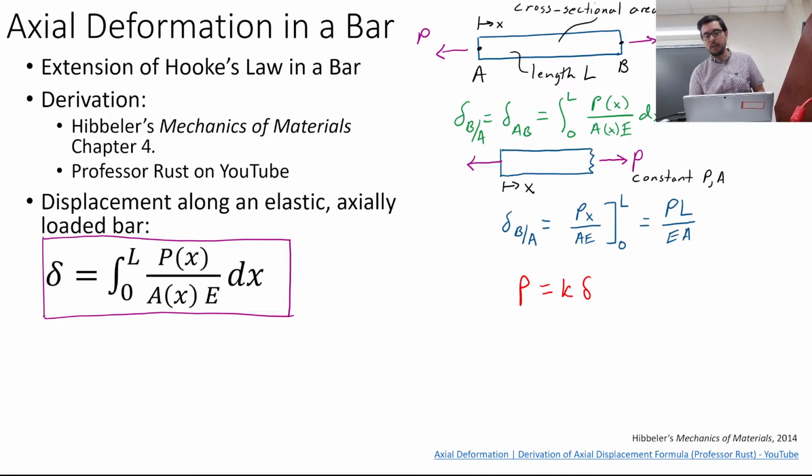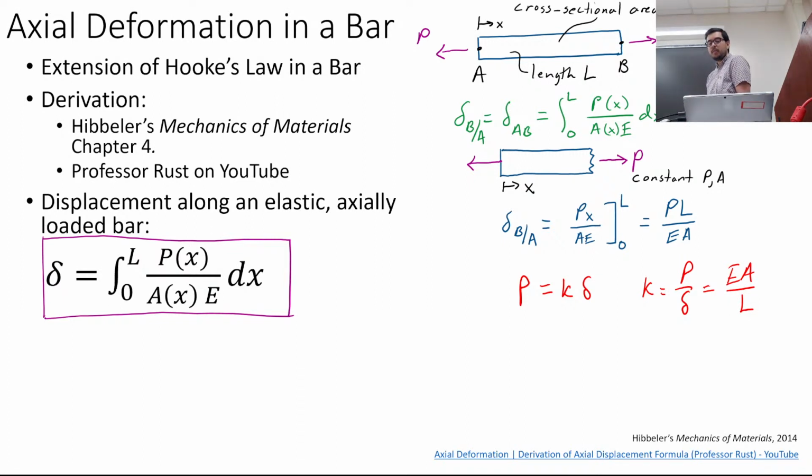And that means that K is equal to P over delta, which means that, wait a second, K is something related to this L over EA. And there it is, folks.